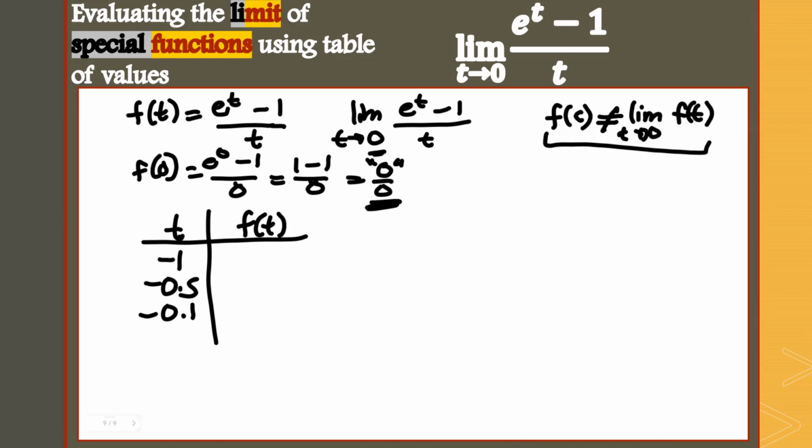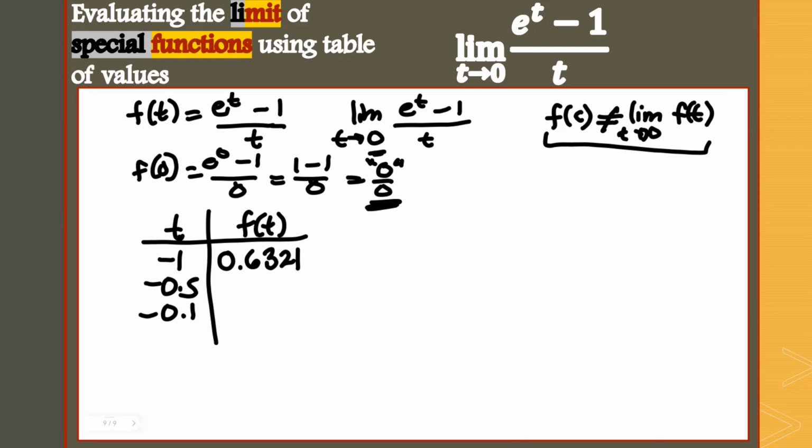For negative 1, as we substitute negative 1 on our given function f of t, approximately in 4 decimal places, you have 0.6321. Please verify this using your own calculators, as I'm also using mine to verify the result. But this is not yet enough to declare that the limit exists, so we look for other values.